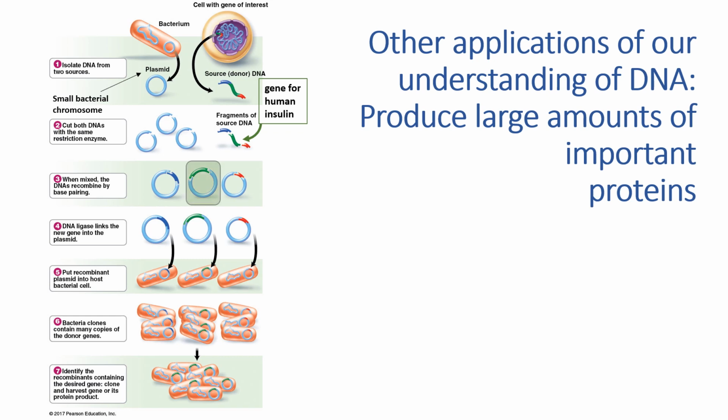That plasmid is re-entered into a new bacterium, and those bacteria are allowed to grow to create a number of them. We can then allow those many bacteria to produce the insulin protein, and we can harvest that protein product, in this case human insulin, and use that pharmaceutically.